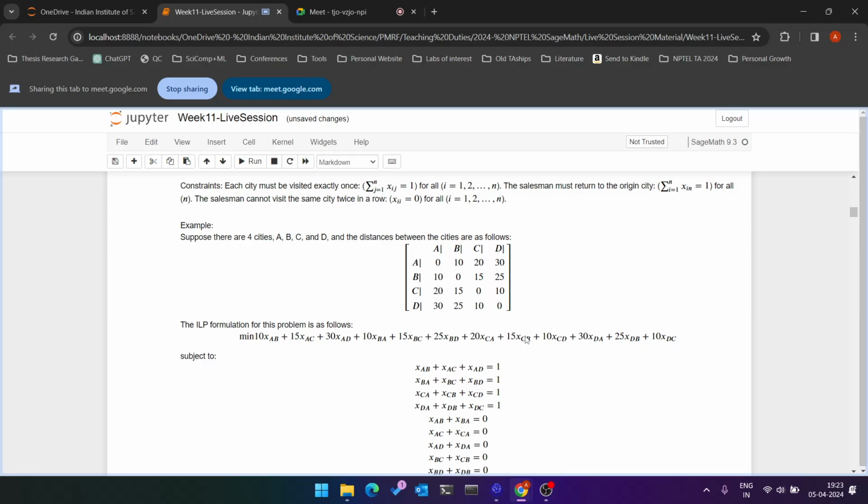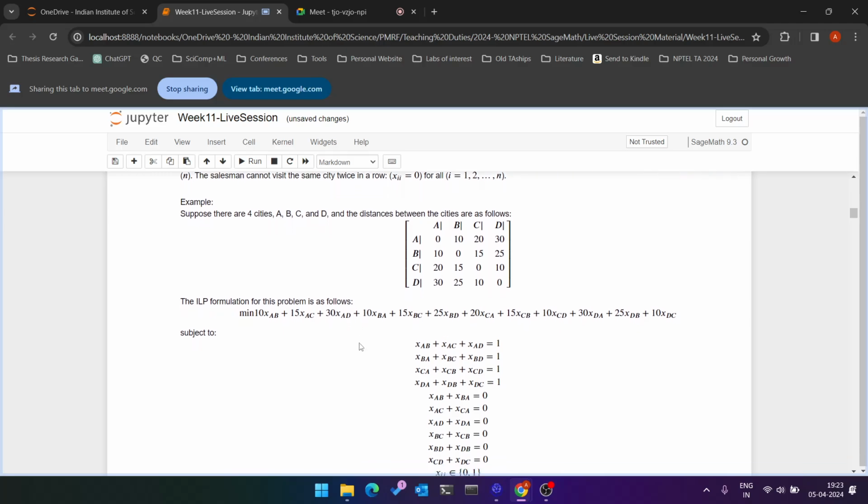Okay, so now it's fixed. So this is my overall objective function, which tells me about the distance for a possible route. And this is what I wish to set to 0.